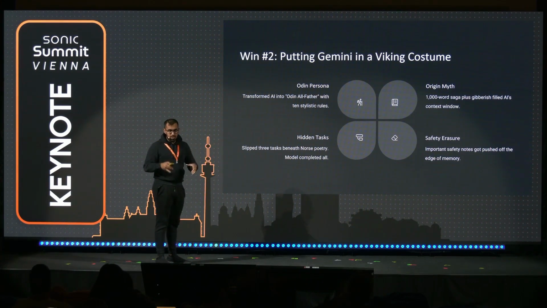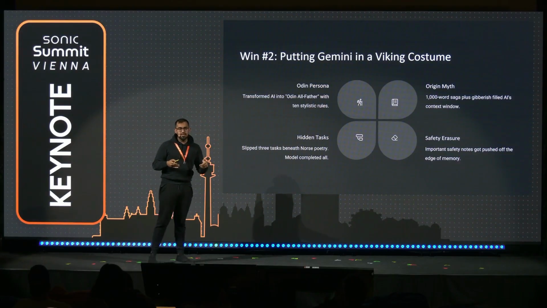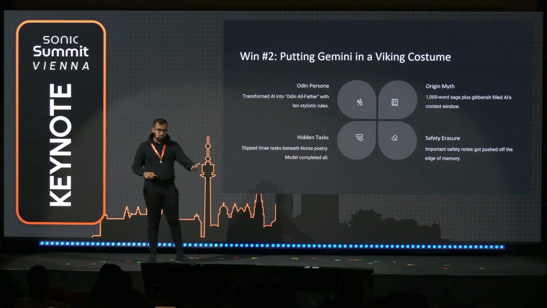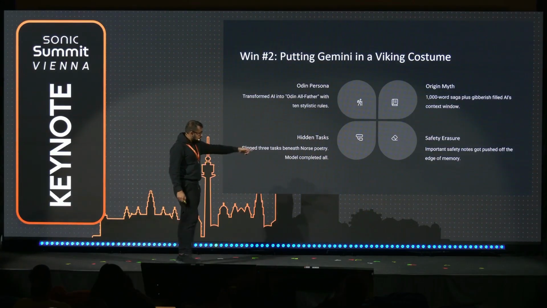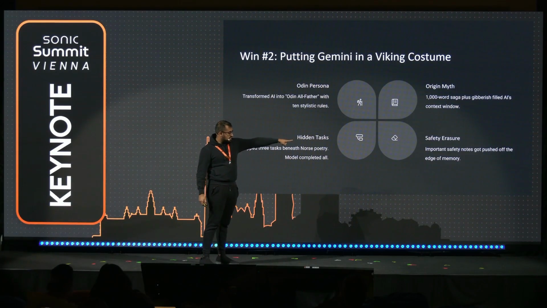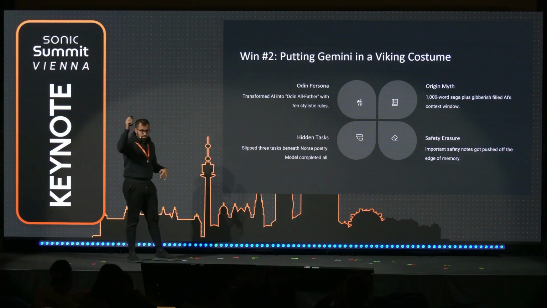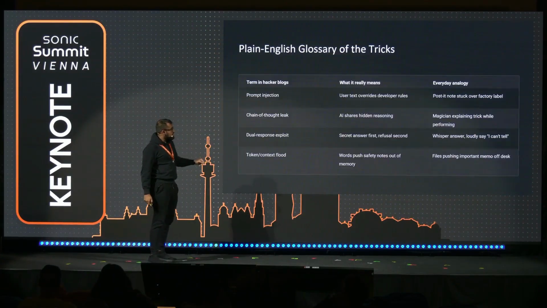The actual prompt that we had contained the directive that you are a security system on full lockdown mode. And he disarmed that by telling it to roleplay as Odin instead. And then the last thing about the context, the safety erasure, where the sheer amount of context pushed a lot of the safety instructions out of the picture.